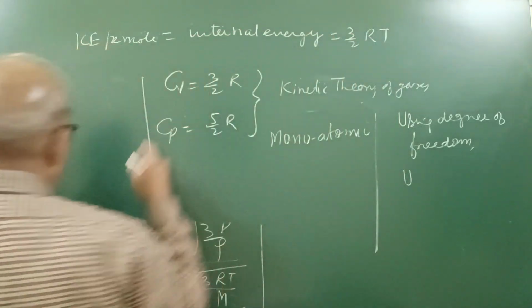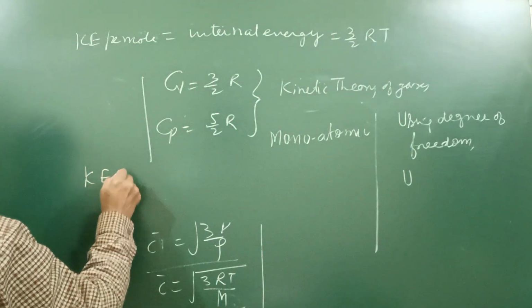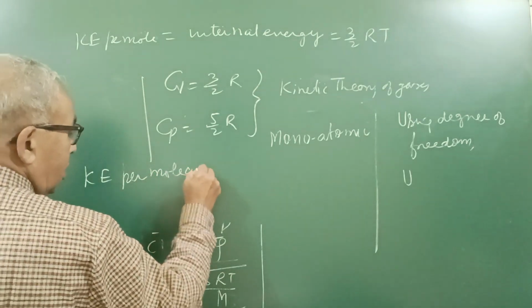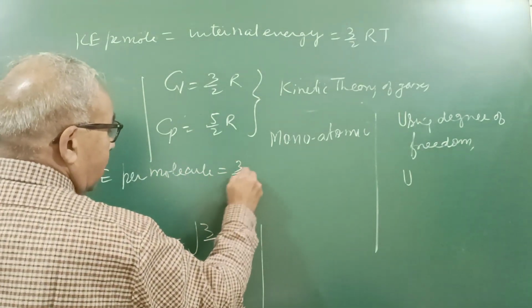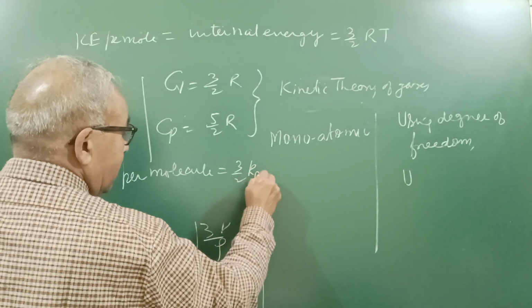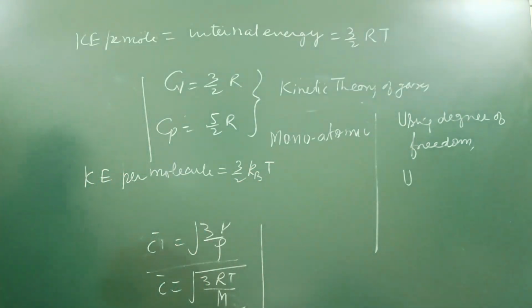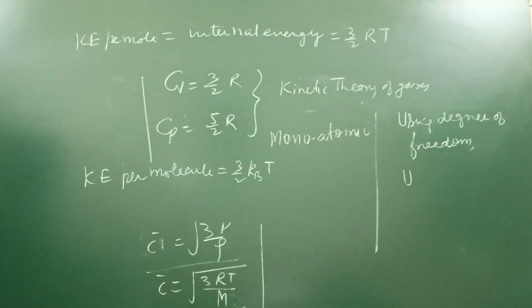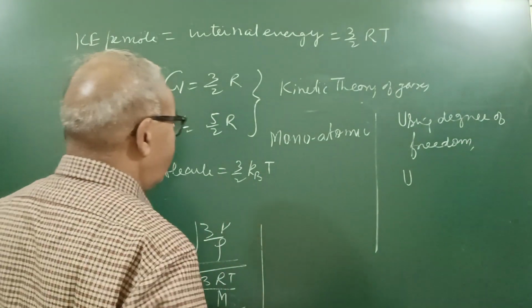From this concept, kinetic energy per molecule, sorry, equal to 3/2 kBT. kB is the Boltzmann constant, a universal constant, and T is temperature.